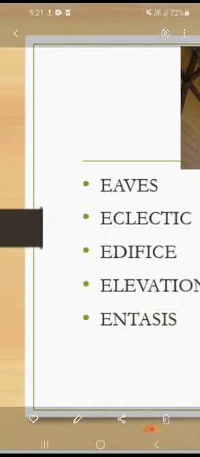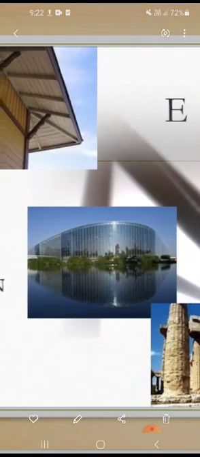One of the methods is to incorporate entasis onto the shaft of the column. Entasis is basically an outward or convex curve in the shaft of a column to counteract the optical illusion that gives parallel sides an inward or concave curvature, and also the columns appear straight. So that's the alphabet E.